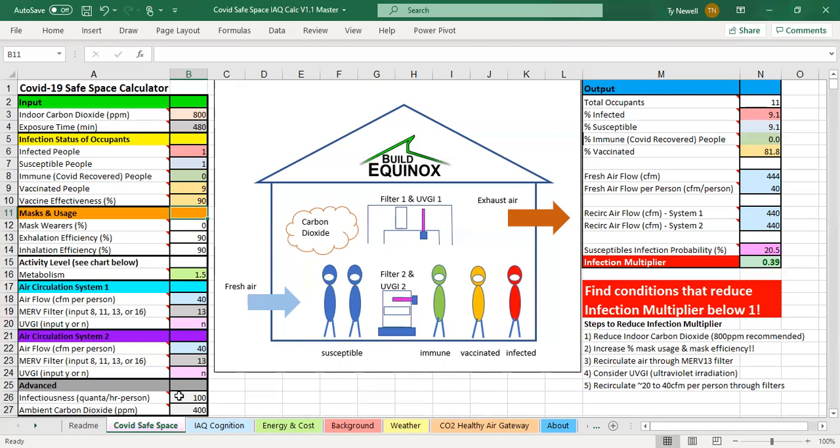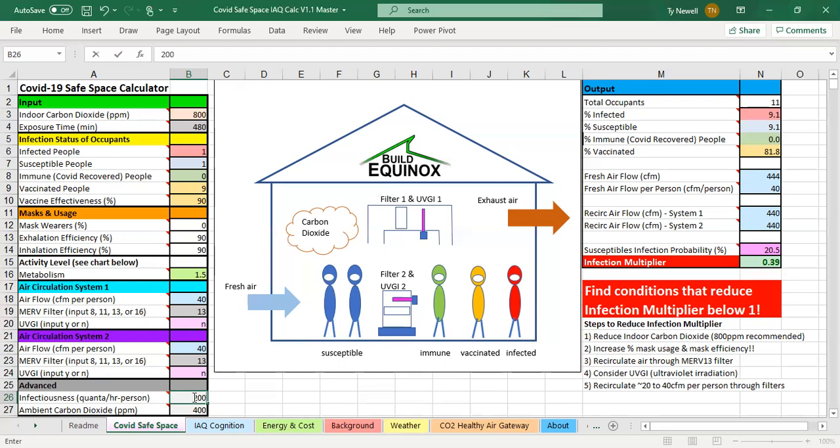And for this particular disease and virus, the SARS-CoV-2 virus, it appears as if we have about 100 quanta per hour that's shed by a person.